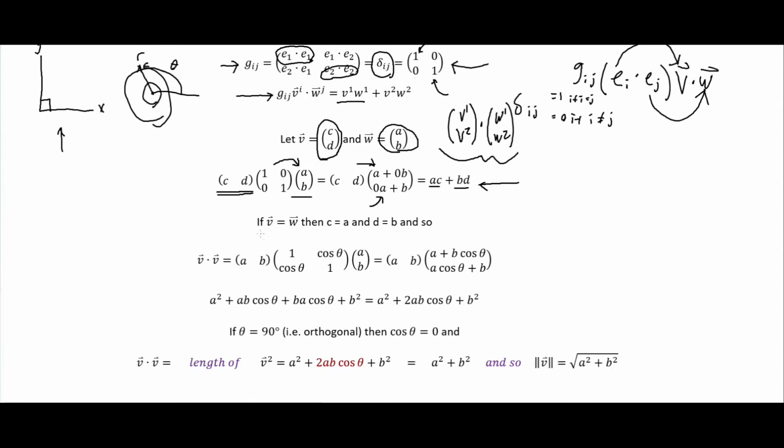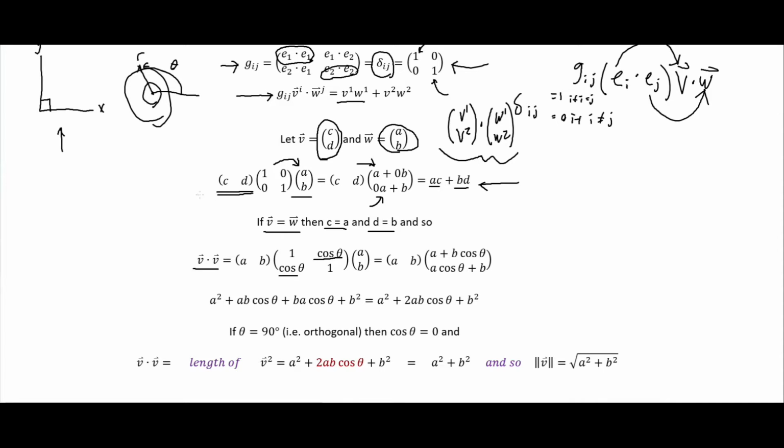And then if we have V equal to W, so that C equals A and D equals B, that's just V dot V here. Well, here I actually put cosine, so I'm getting ahead of ourselves.